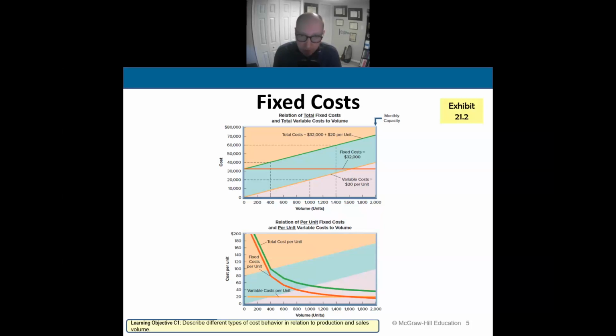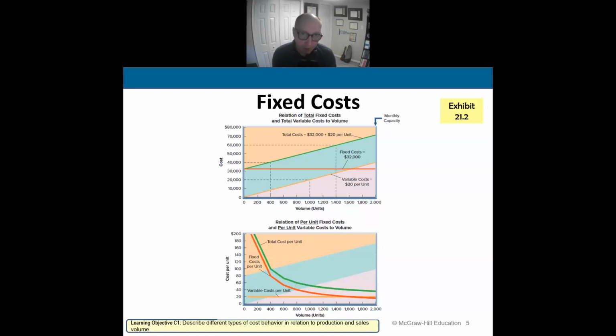My fixed costs remain the same. If we take a look at this top chart here, at the top center of this slide, we have fixed costs that do not change regardless of activity, and variable costs that do change with the level of activity. The more we manufacture, the higher my variable costs are. My fixed costs remain the same.